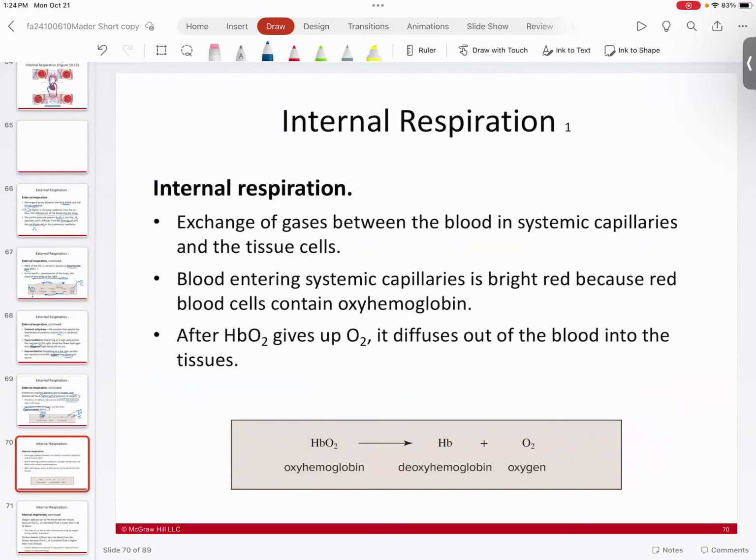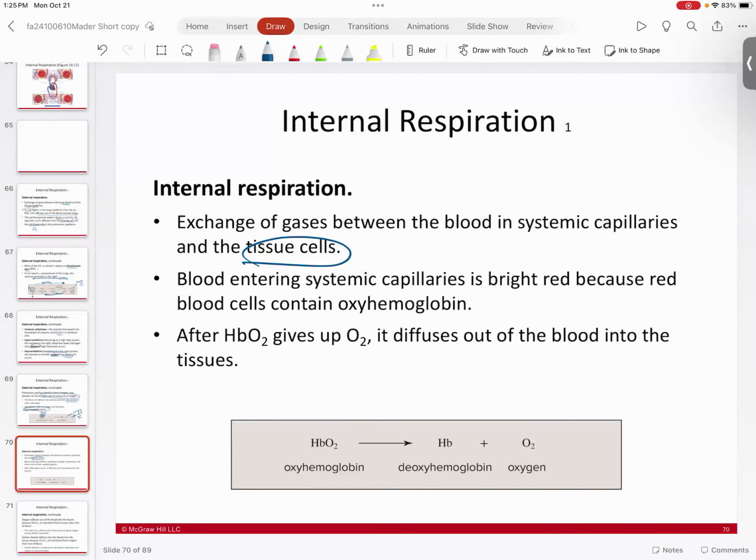And then once it gets pumped out to the rest of the body by the left ventricle, now you have oxygenated hemoglobin, oxyhemoglobin going out to the tissues. So it's going to be going through those capillary beds in the tissues themselves. And at this particular point, the partial pressures flip. So now instead of the high partial pressures of oxygen being outside of the red blood cells, it's now inside the red blood cells, right?